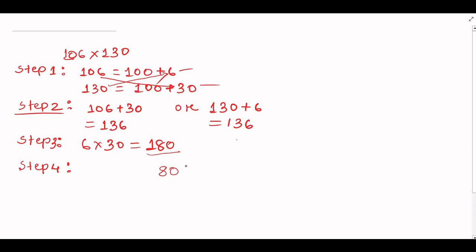Now from step 2 we take this value, 136. From the 3 digit number we took 2 digits, so one number is left over; 1 will be added up with 36, so we will get 137. Okay, so this is our answer.